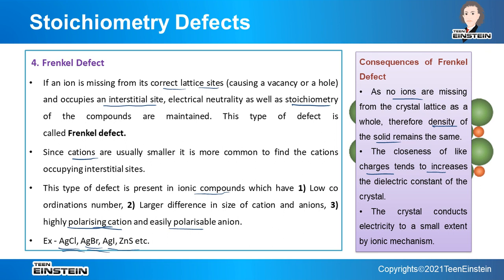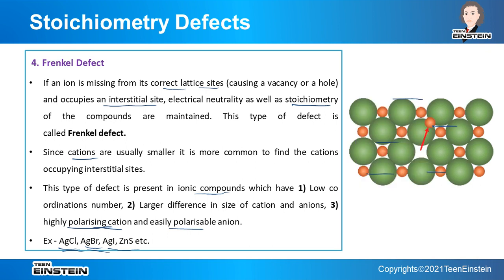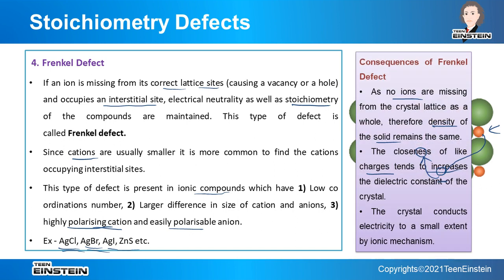Because of this generation of hole, another cation may come to this place, and if we look at the previous structure, here we can understand this fact better. So we have a hole here, right? Now this cation may be moving to this side, now a new hole will be created here, this cation can come here, a new hole will be created here. So in this way the hole will change its position. So that is the reason for the electrical conductivity.